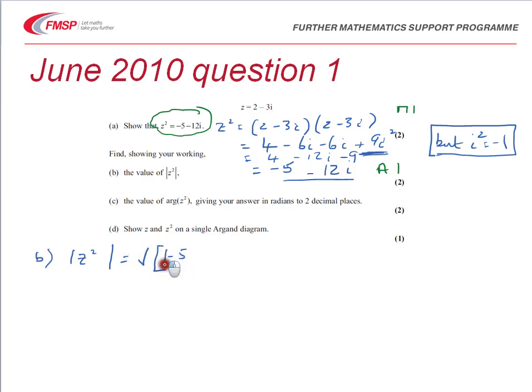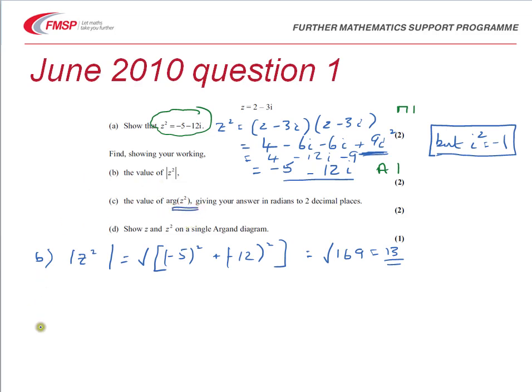So putting in the values, negative 5 squared plus negative 12 all squared, and that comes out to be root 169, which is 13. So 2 marks there, 1 method and 1 accuracy. Straightforward.